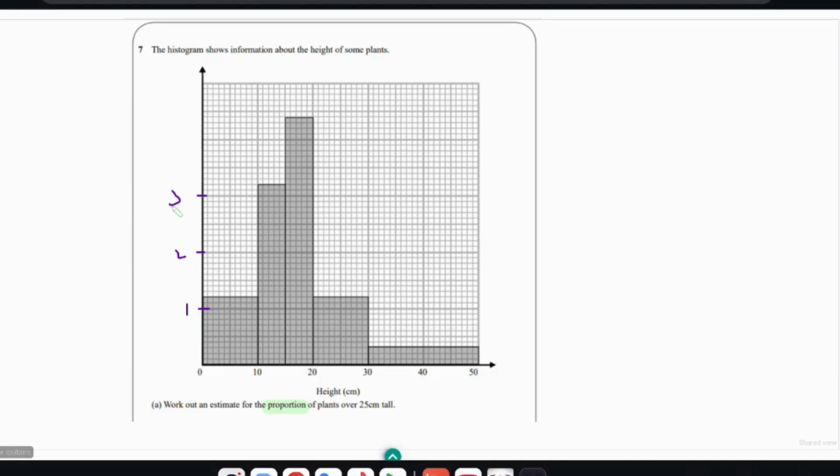If you want to do it a different way with the same question, you'll be able to see we get the same answer. So let's get the areas for all of them. So 10 times 1.2, 5 times 3.2, 5 times 4.4, 10 times 1.2, 20 times 0.3.